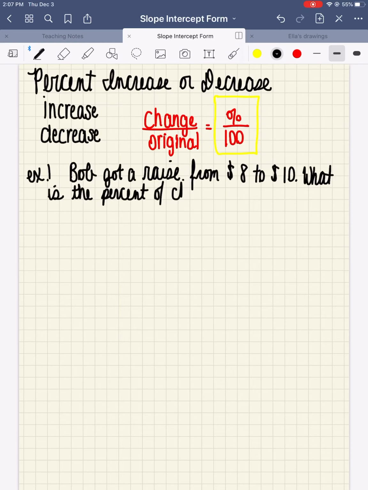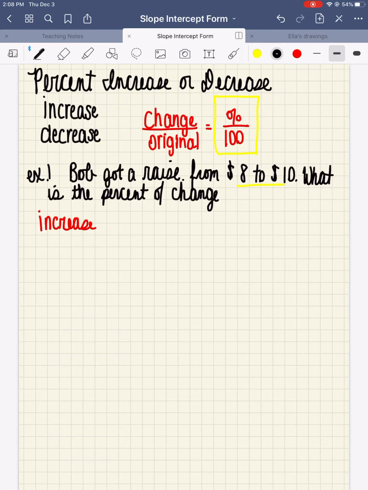The first thing we're going to figure out is, is this an increase or a decrease? Bob went from $8 to $10. Because that went up, I know that this is an increase. He increased the amount of money he was making. So that's the first thing I need to acknowledge here.